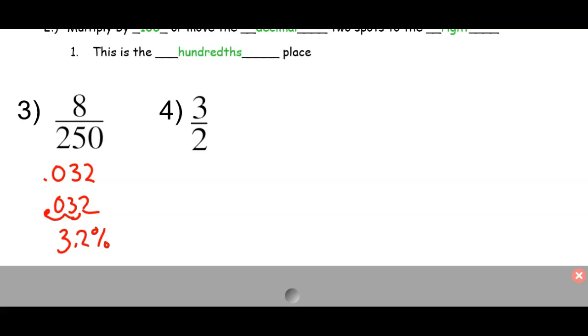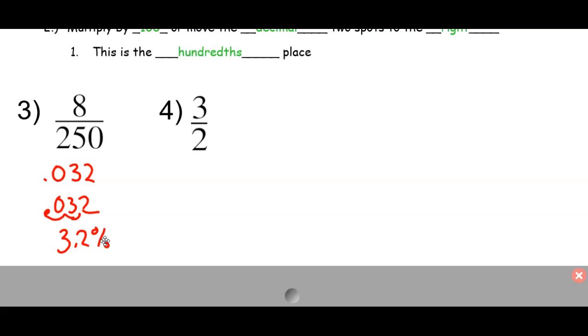I could also just multiply this number by 100. You don't have to do both methods. Pick one or the other. And when you multiply this by 100, you would get 3.2, and then you just add the percent sign. So that's how we're going to do this. So pick a method.